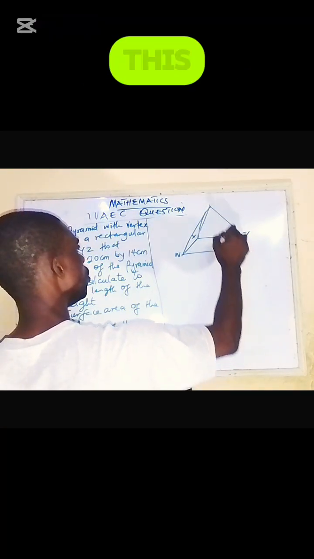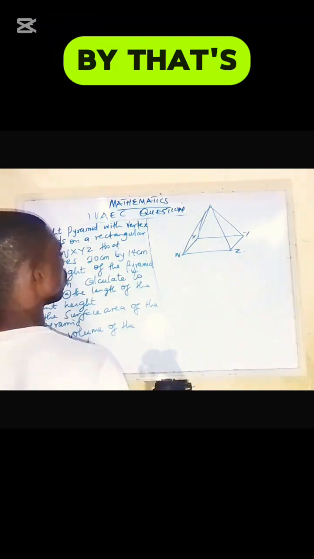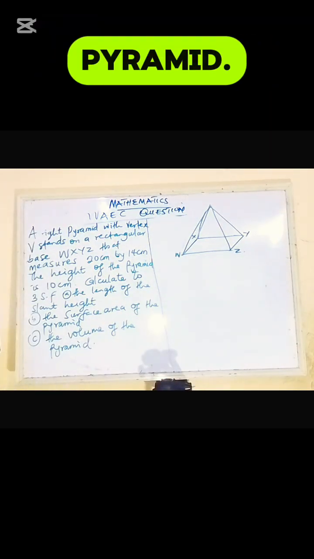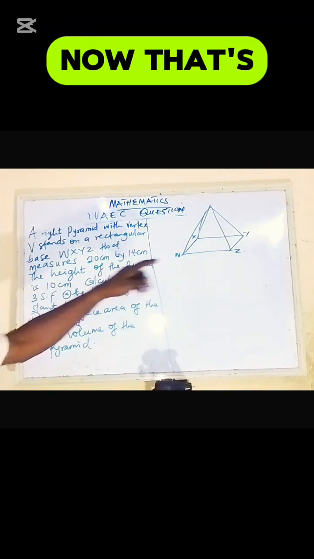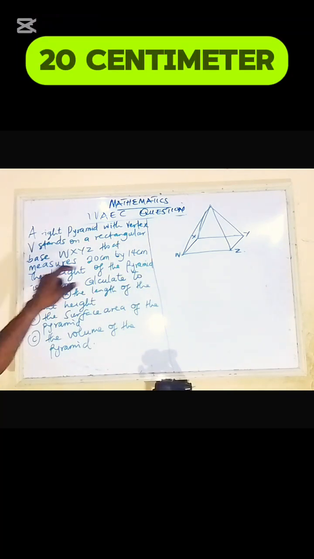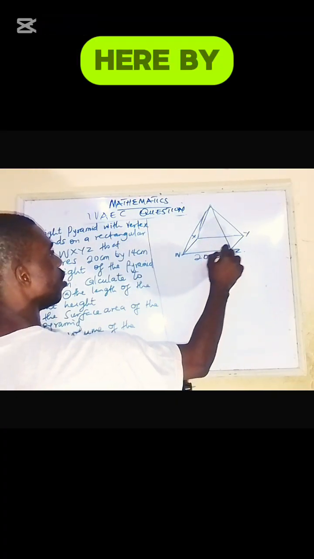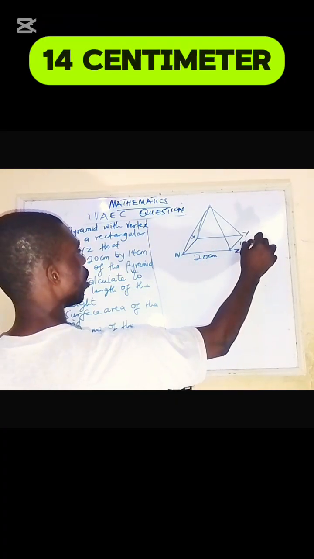And then we have this down there. That's what they mean by the question. That's a pyramid. Now, that's a base, WXYZ, that measures 20 centimeters by 14, 20 centimeters here by 14 centimeters here.